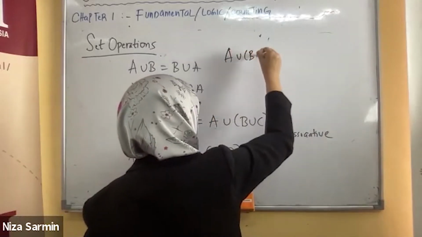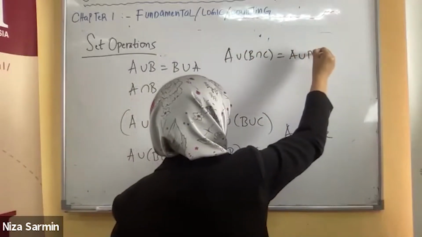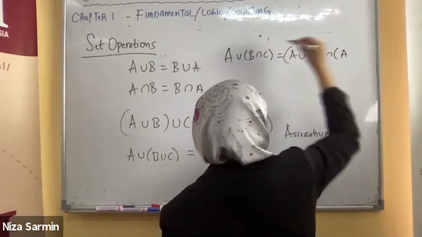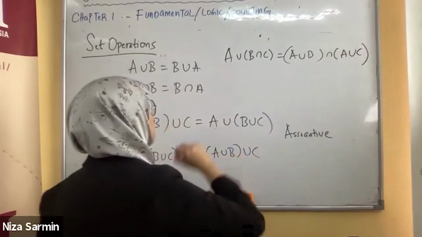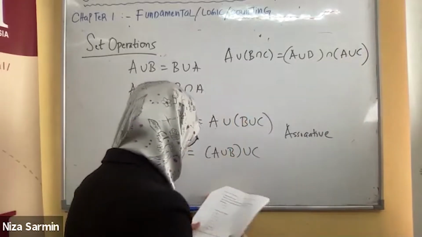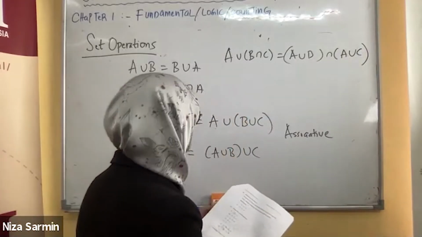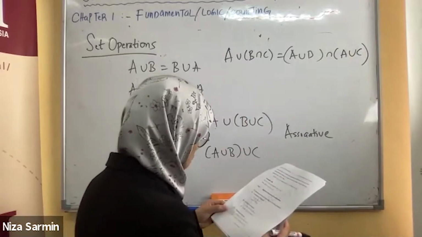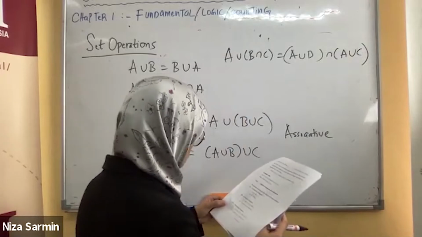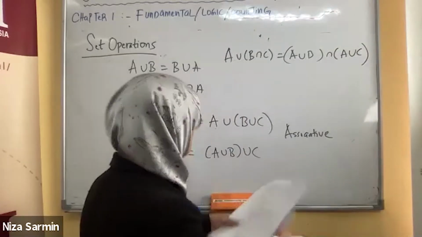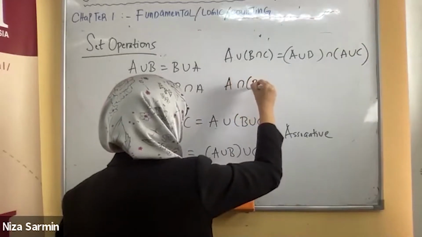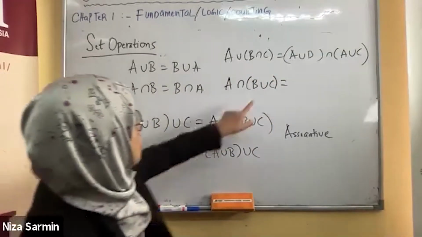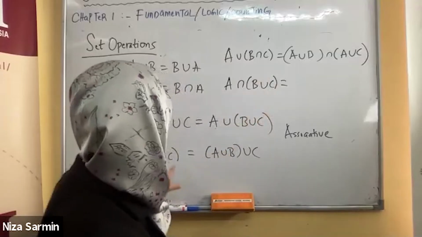A union B intersect C is A union B intersect A union C. Oh, I do the union first and then intersect. If I put intersect there, that becomes here, right?